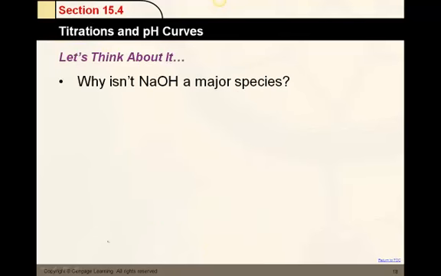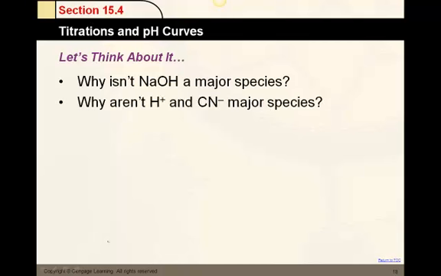So why isn't NaOH a major species? Well, of course, it breaks apart into its ions. It doesn't stay together because it's strong. Why aren't H plus and CN negative major species? Again, HCN is weak, and therefore it doesn't break into ions.